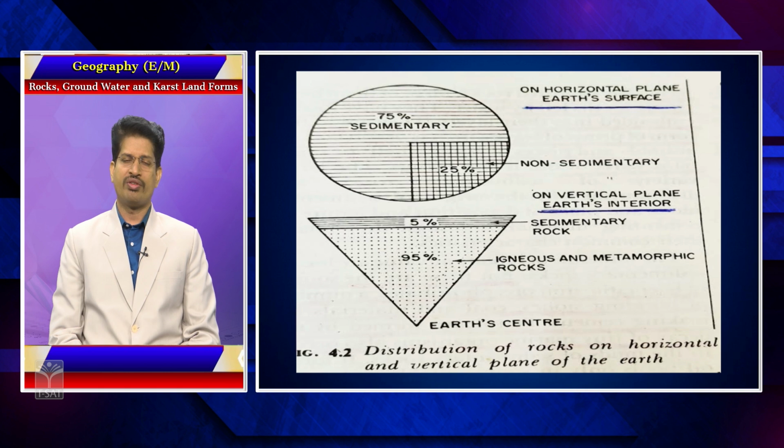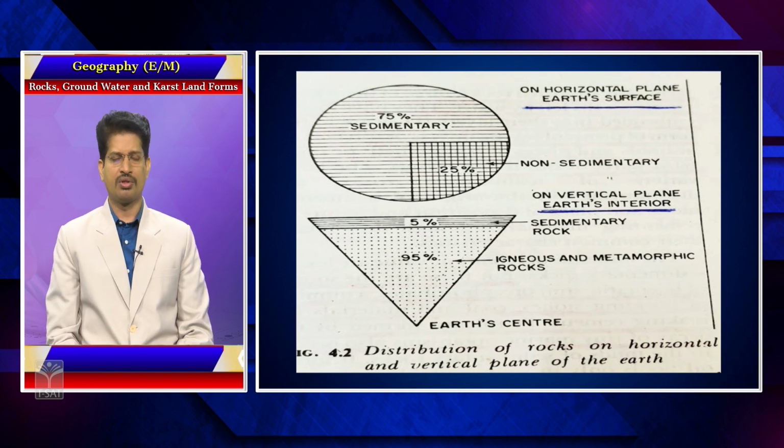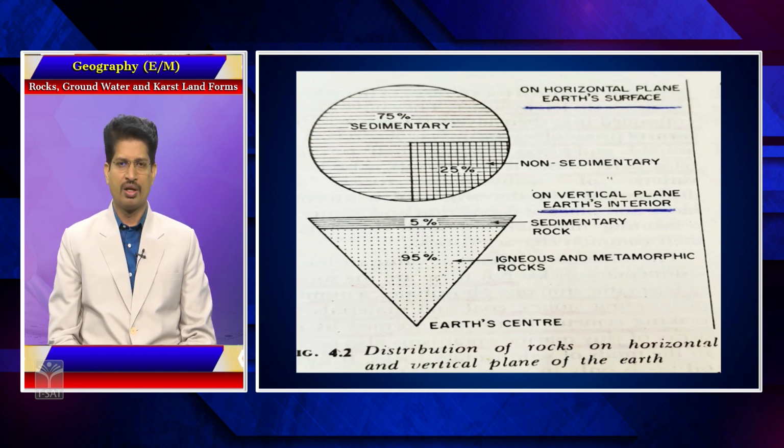Only 25% is covered by non-sedimentary rock. But in a vertical dimension, only 5% of the rock matter, when we go deep, is made up of sedimentary rock. 95% of the rocks are made up of igneous and metamorphic rocks.